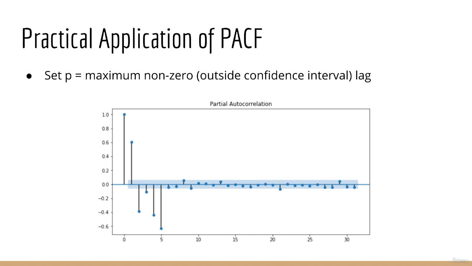If we see any statistically significant non-zero lags up to some lag p, this would indicate that we have an autoregressive component of order p. For example, if the highest non-zero PACF value is at lag 5, then we would choose p equals 5. As before, it's usually the case that the PACF values below 5 will also be non-zero.